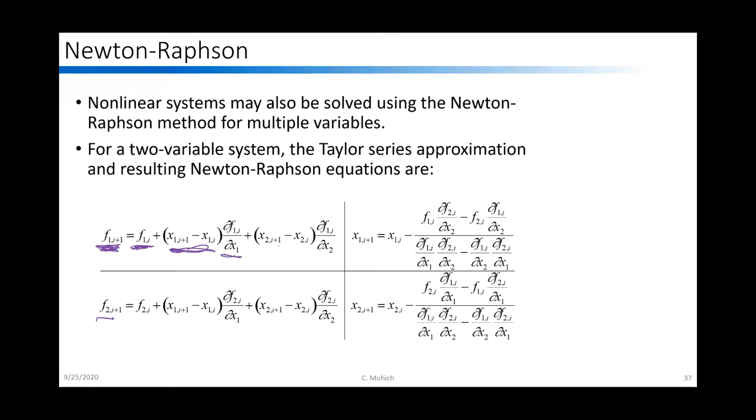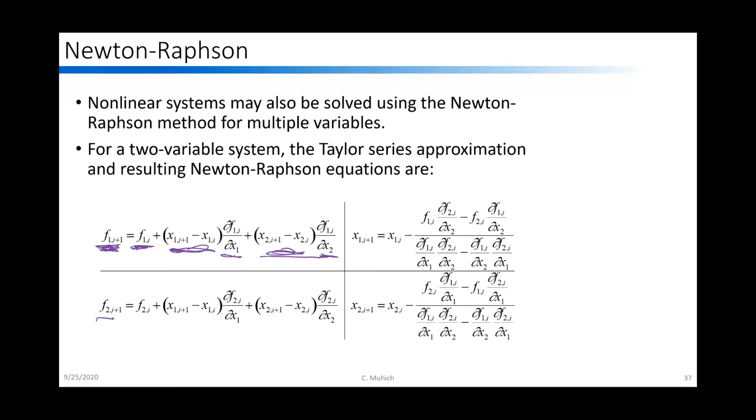And then in the case of having a multivariate problem, we take the change in value of my x2s times my partial derivative of that function with respect to x2.